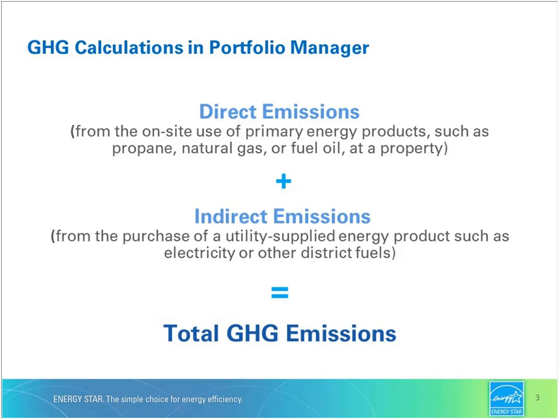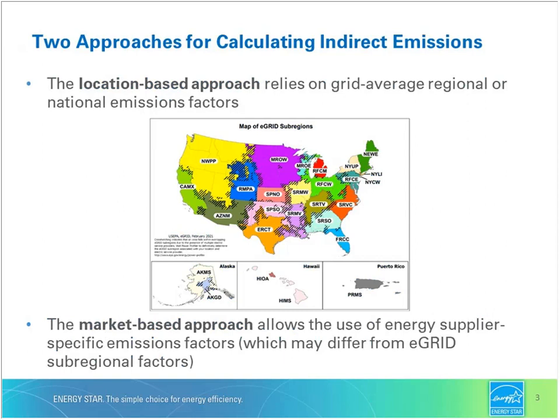Now, when we talk about indirect emissions, there are actually two approaches to calculating indirect emissions. One is what we call the location-based method, and this relies on grid average emissions factors for the region of the grid where your property is located.